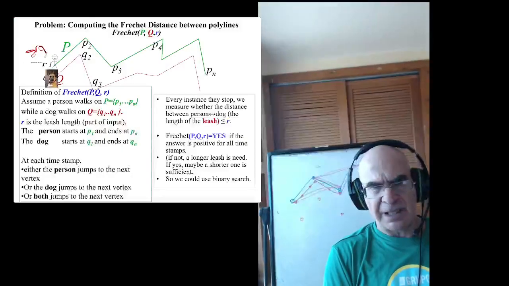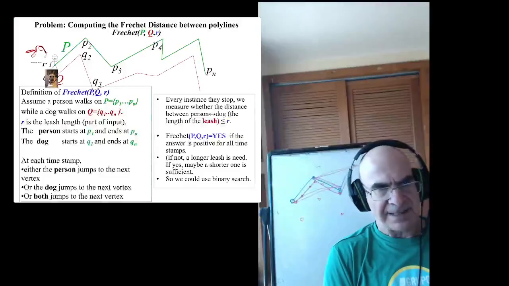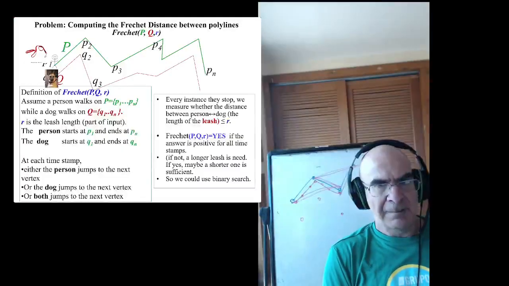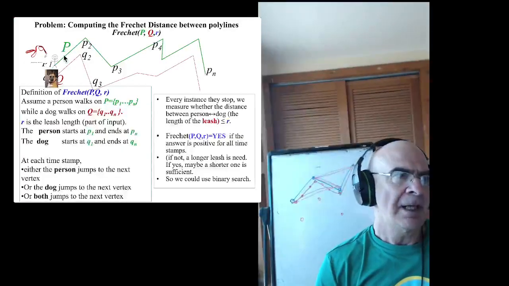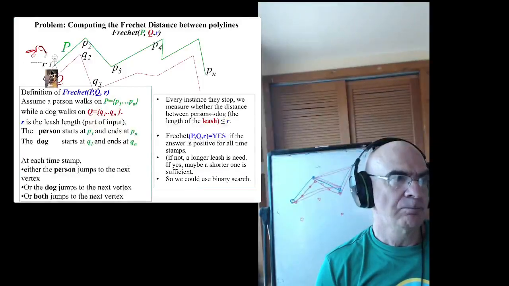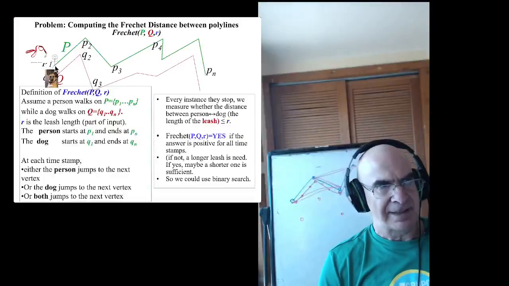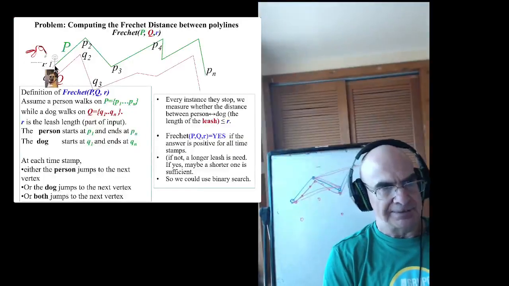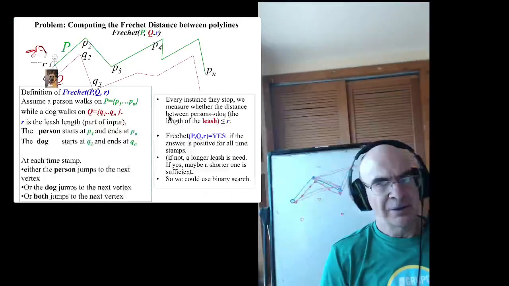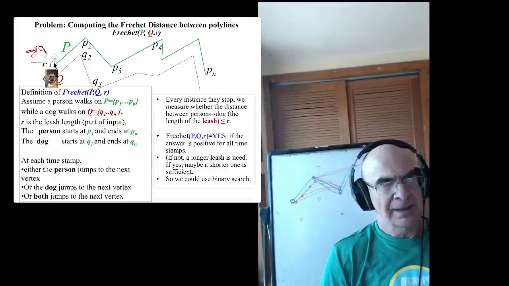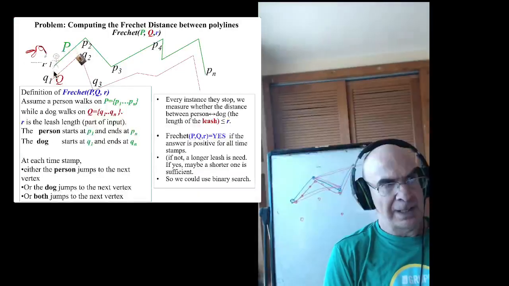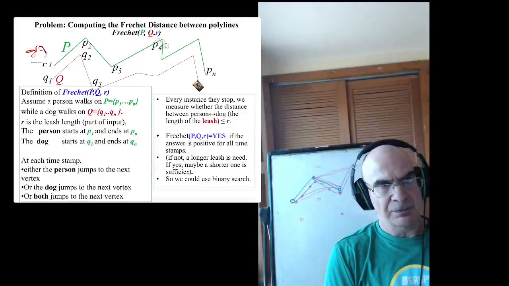Sometimes one will have to move faster, sometimes slower, but can I always make them move forward while the distance between them is never more than 17 yards? Is a leash of length 17 yards enough to connect the person and the dog while the dog moves its trip forward and the person moves its trip forward?